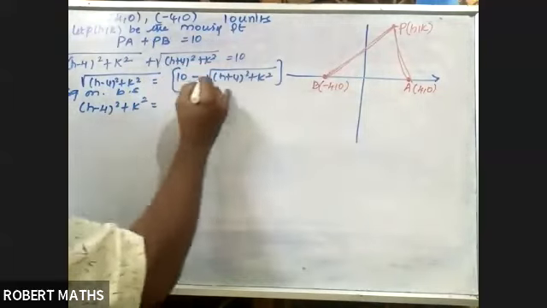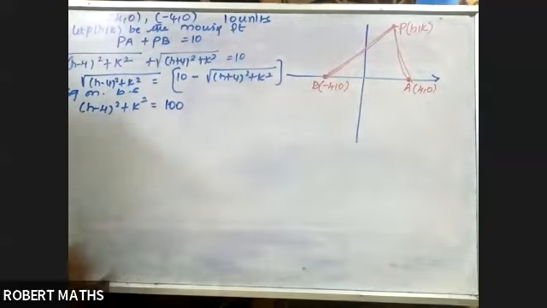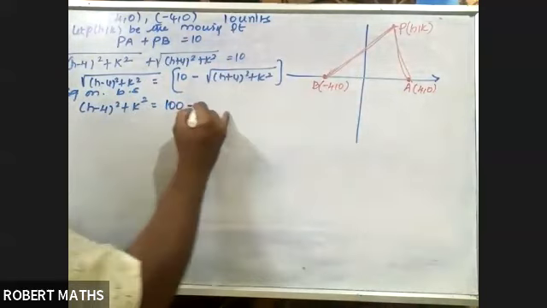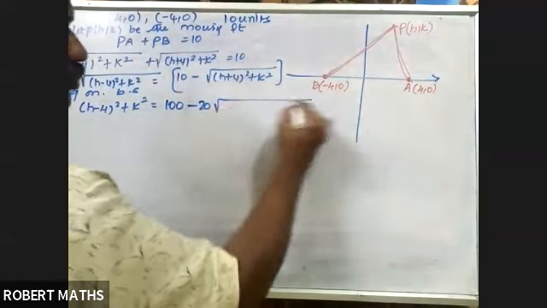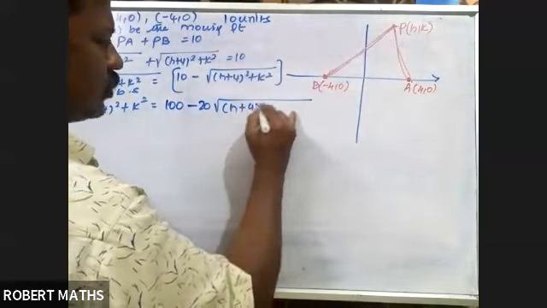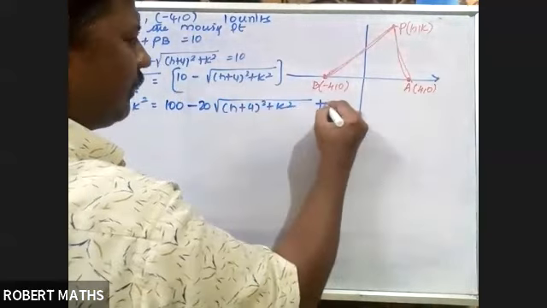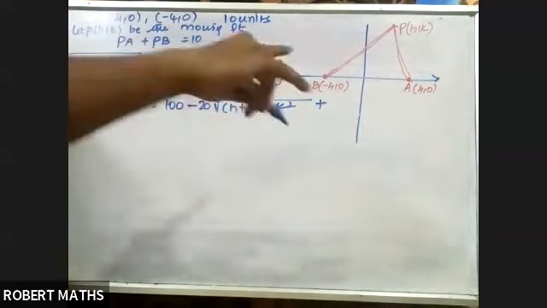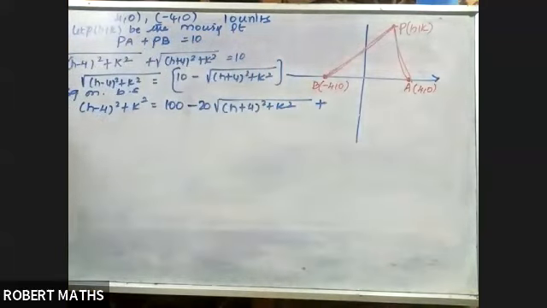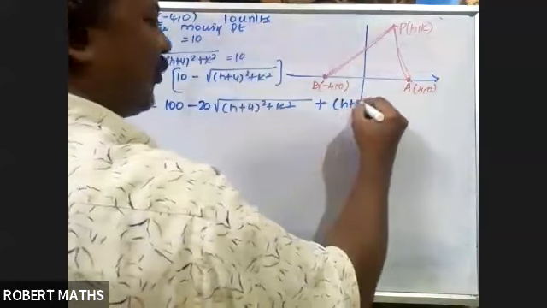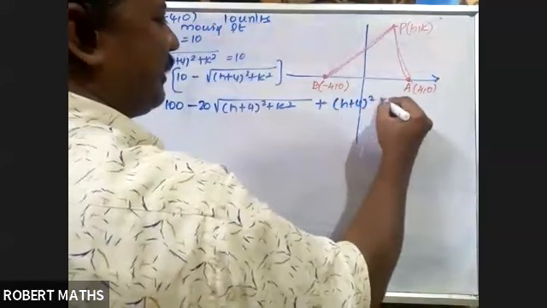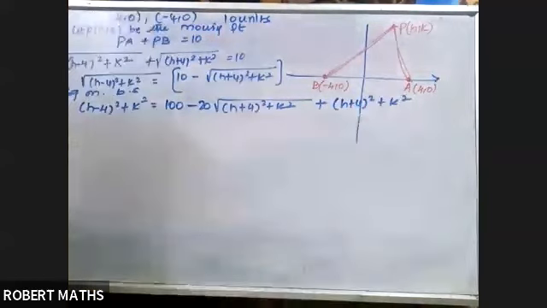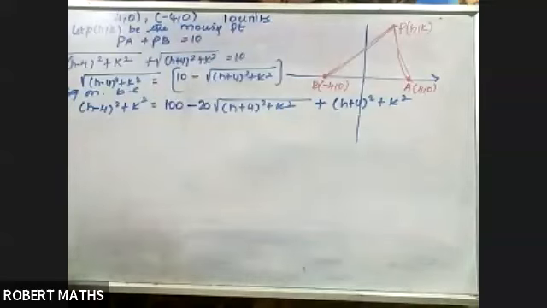Now squaring on both sides, we get a square, that is 10 square, 100, minus 2ab, 2 into 10, 20 into square root of h plus 4 the whole square plus k square, plus b square. This is whole square, so we'll remove the square root. We'll get h plus 4 the whole square plus k square. This is a square, this is minus 2ab plus b square.